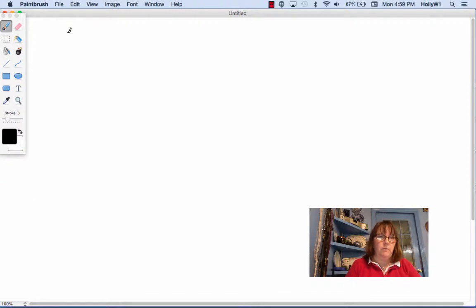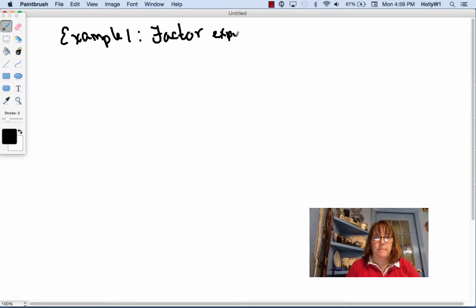So let's start with example 1. We're going to factor an expression using greatest common factor.